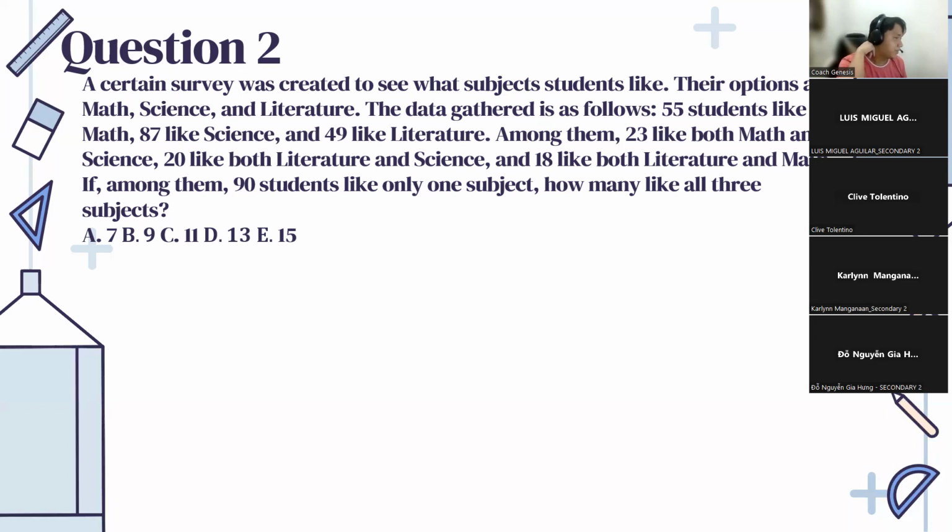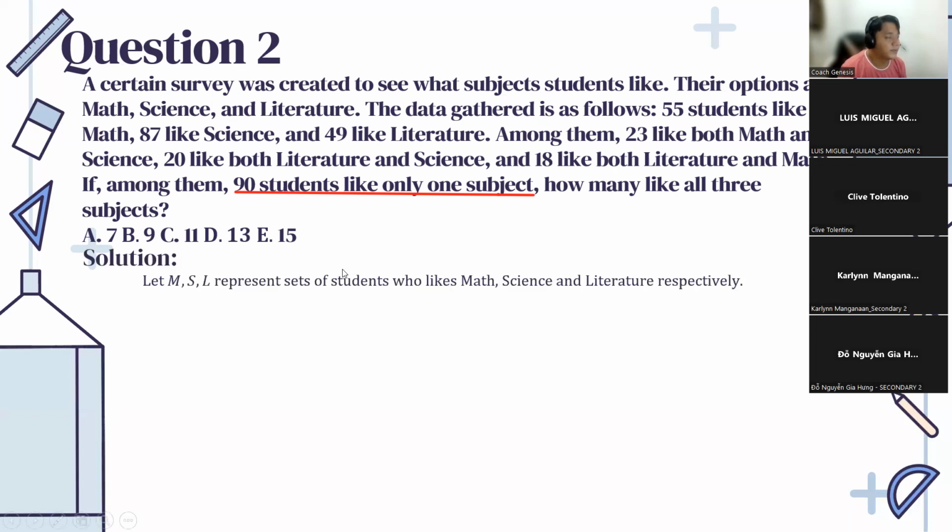So the question here says 90 students like only one subject. So basically, a total of 90 students like math only, science only, and literature only. So you have a total of 90. Okay, so how do we solve for that one?